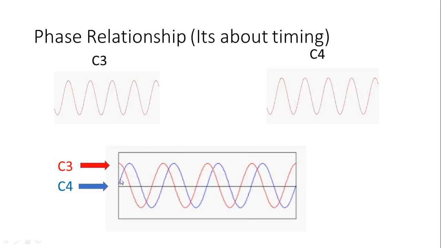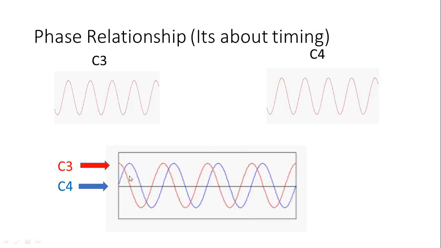And when you compare the two, you get a visual image that looks kind of like the picture here at the bottom. So this is a time series, activity occurring over time, and you're seeing the amplitude shifting up and down between C3 and C4, but you notice that there's a slight difference in the timing. And so the difference between the two defines what we call the phase relationship.